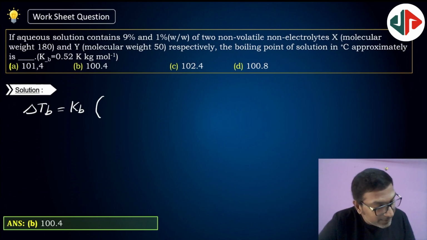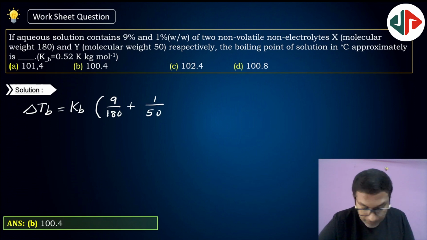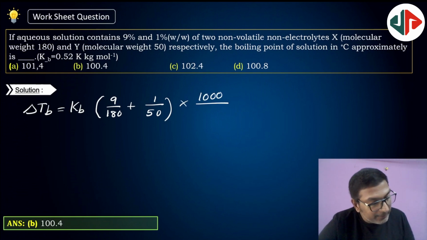Number of moles means here 9 by molecular weight 180 plus here 1% 1 by 50, into 1000 by weight of solvent. So weight of solvent, percent means here take 100 percentage, 100 ml, that means 100 grams.